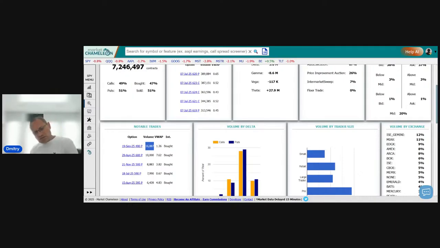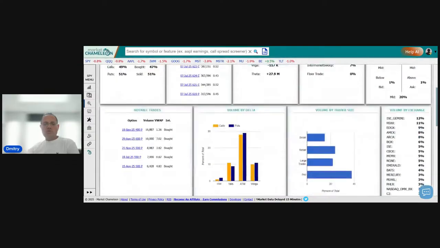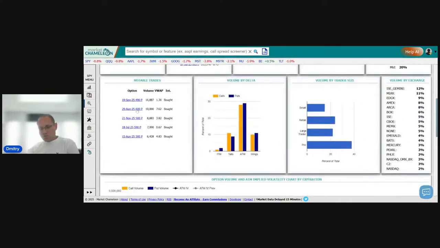The other thing that stuck out was that they all seem to be in the puts. The expirations are different: you have September, August, November, going out further, one here is July 18th that's coming up closer, and then we got August 15th, and all these strikes are below the current spot price. We got 600 put, 490 put, 500 put.